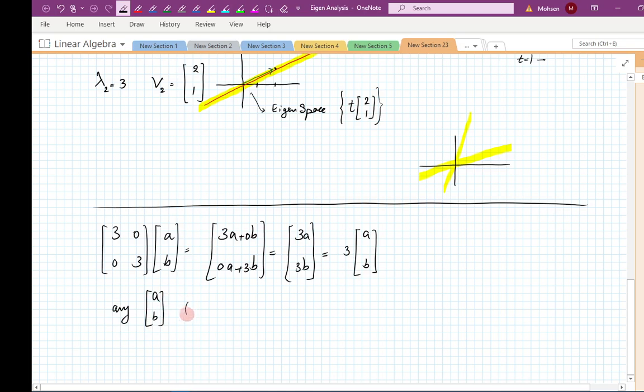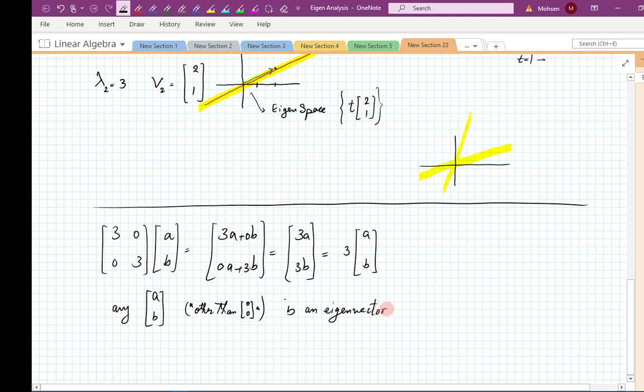Now we put a little fine print here, as if we have to say it quickly or make it very small: other than 0. For that technicality, we're going to say don't bring the zero vector in. Any (a, b) is an eigenvector.